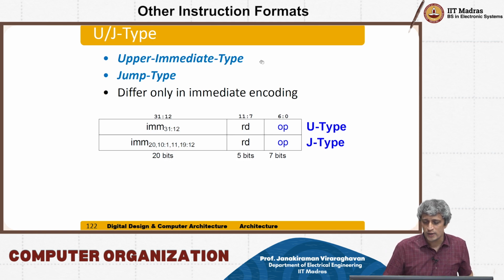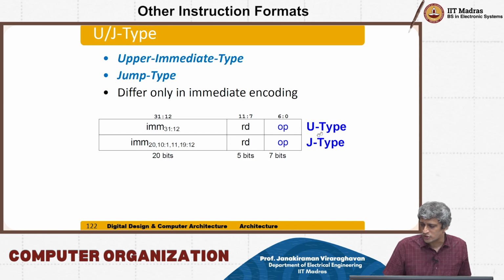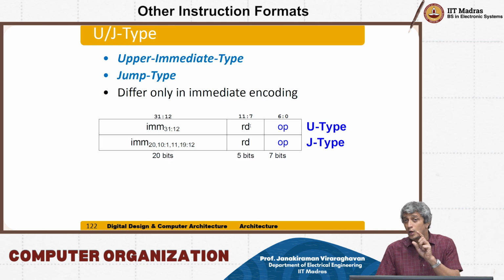That's why you see here the jump type and the upper immediate type are very similar, only the immediate encoding changes. So the U type instruction has an opcode, which tells you it's an upper immediate instruction, and the destination register. You are going to load immediate data into a destination register, and the immediate is bits 31 to 12.